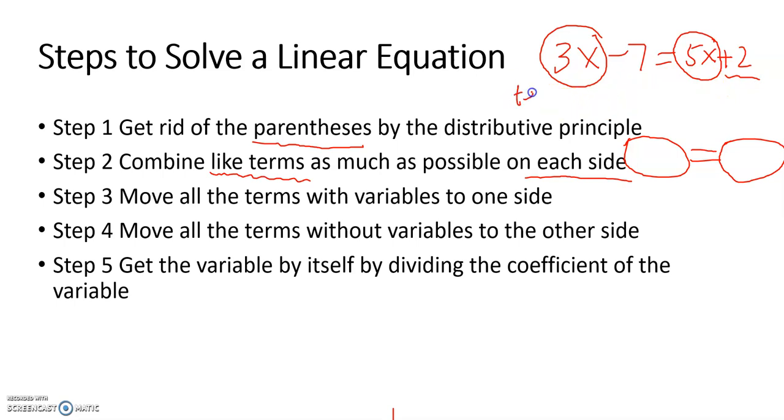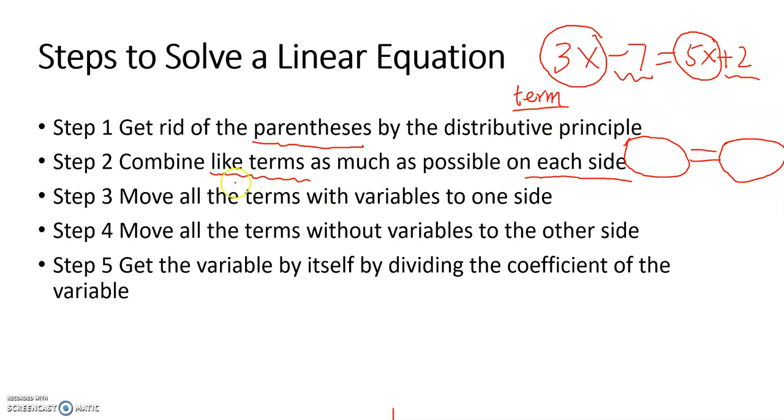By the way, the definition of a term, again, is an algebraic expression with only multiplication between a number and a variable. So that's a term, and that's a term. That's the term without a variable.